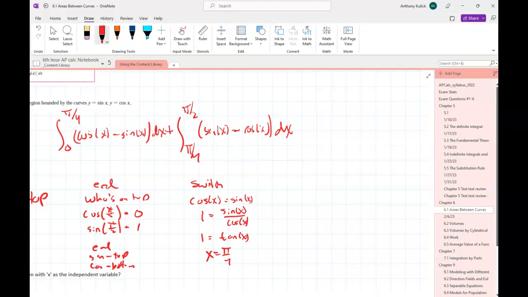That's where they switched. Tangent is equal to 1 at x equals pi over 4, or you could have done it by inspection and remembered that sine and cosine are equal at pi over 4. They both have root 2 over 2 on the unit circle. That would have been okay as well. It's six of one, half a dozen of the other.